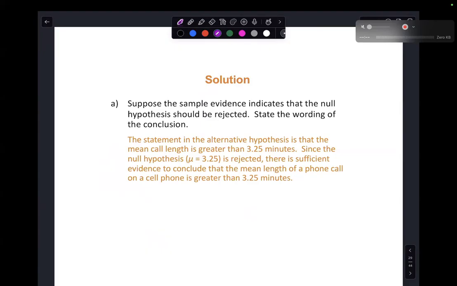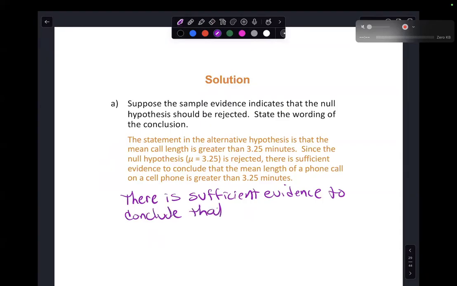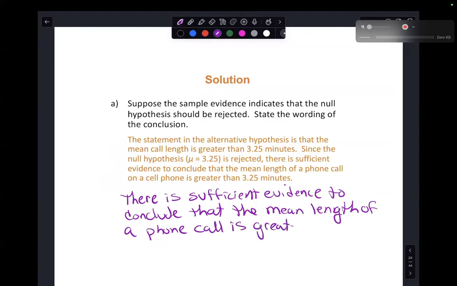So here's what mine would state. There is sufficient evidence to conclude that the mean length of a phone call is greater than 3.25 minutes.